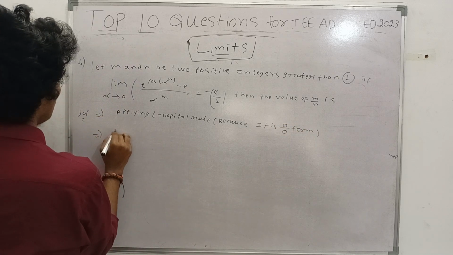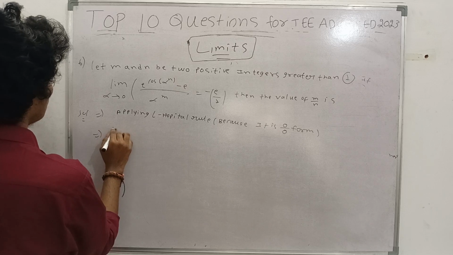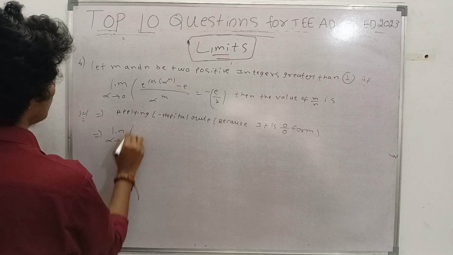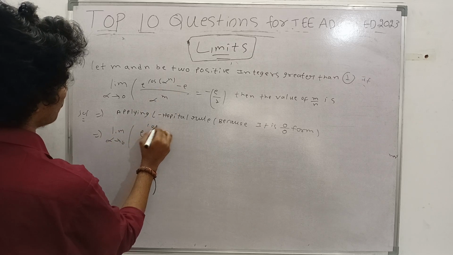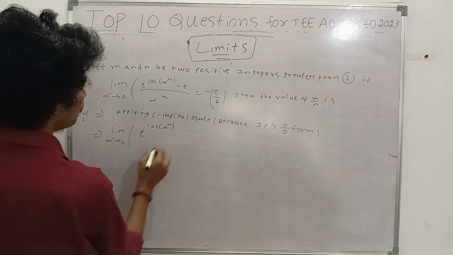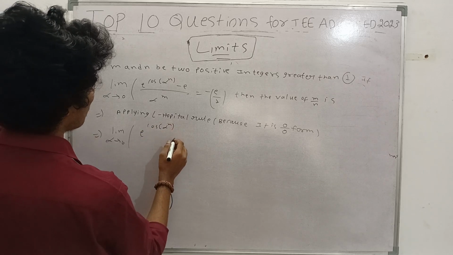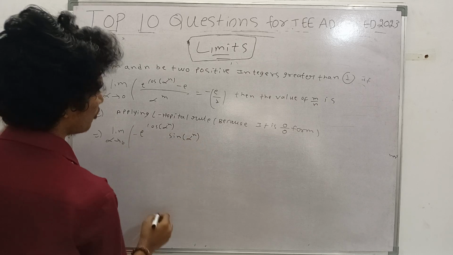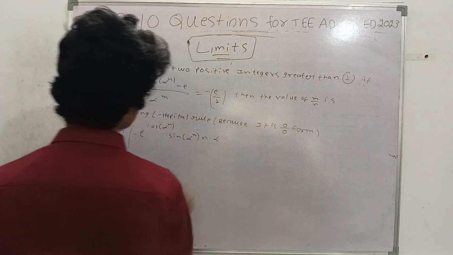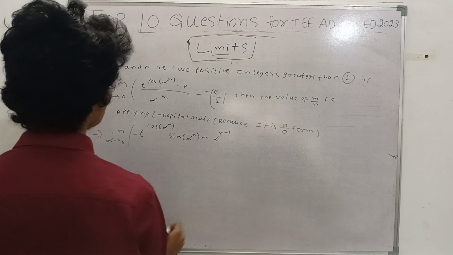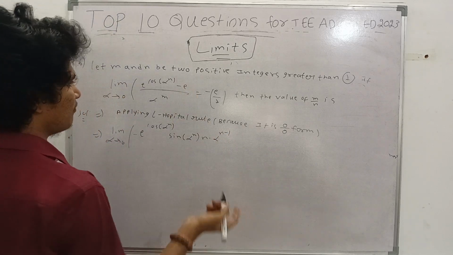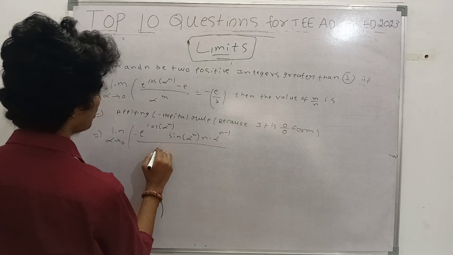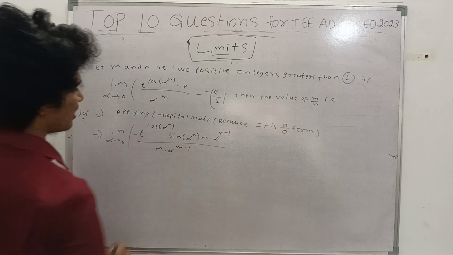Understand? Limit alpha tending to 0. If I differentiate this, e power cos of alpha power n stays the same, into the derivative of cos of alpha power n, which is minus sin alpha power n, into the derivative of alpha power n, which is n into alpha power n minus 1. This minus e has differentiation 0, divided by m into alpha power m minus 1.